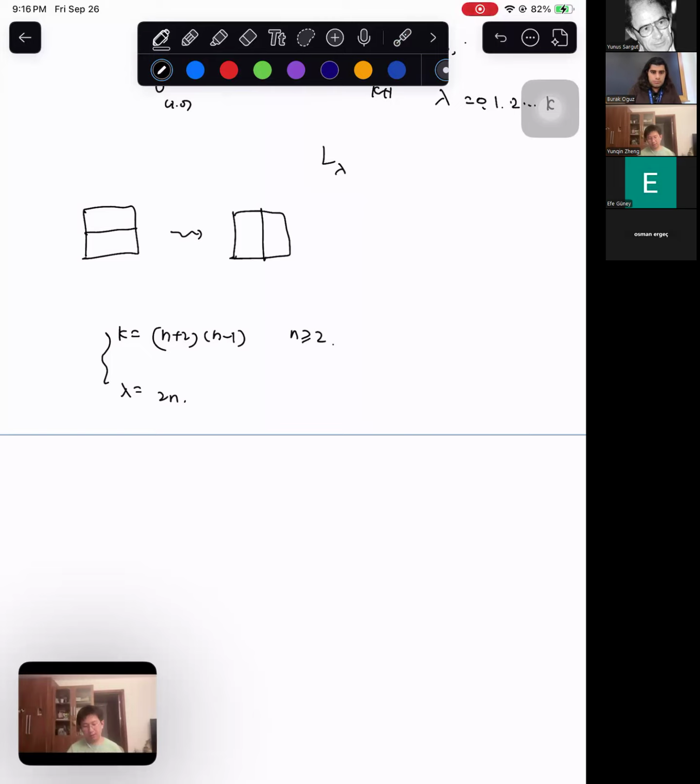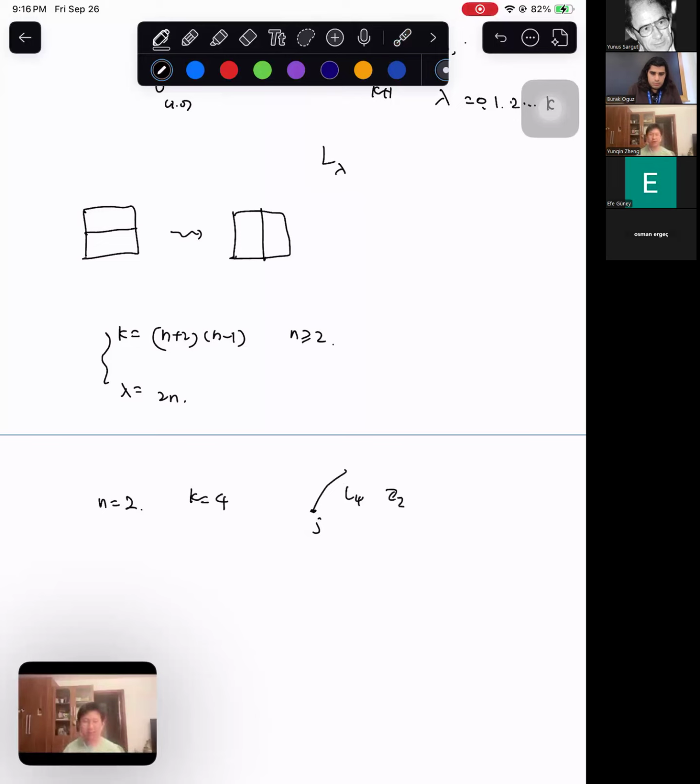non-trivial examples. So for example, the first instance is when n equals 2. In this case, k equals 4, and the topological line is L4. The fusion rule of L4 is the Z2 fusion rule.